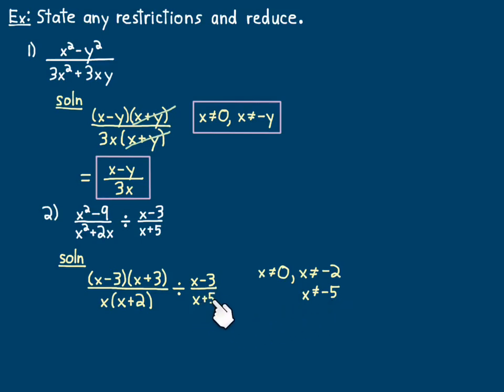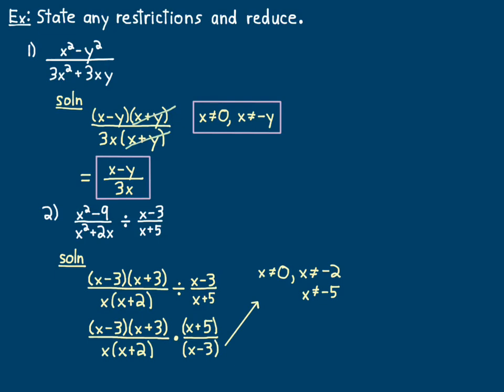So you've got to be careful of that. So then I multiply by the reciprocal of this. Think of that as a simplification of the problem, because you're multiplying instead of dividing, right? And now notice I have a new denominator, x minus 3, and that can't be 0 either. So x cannot equal 3.